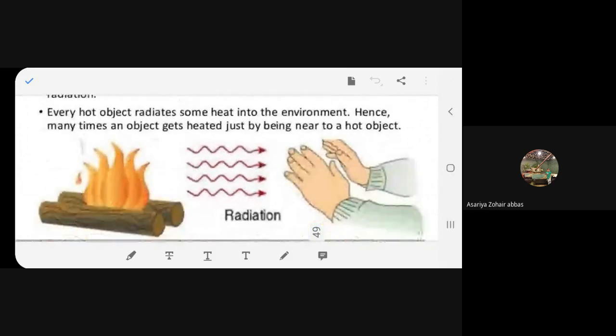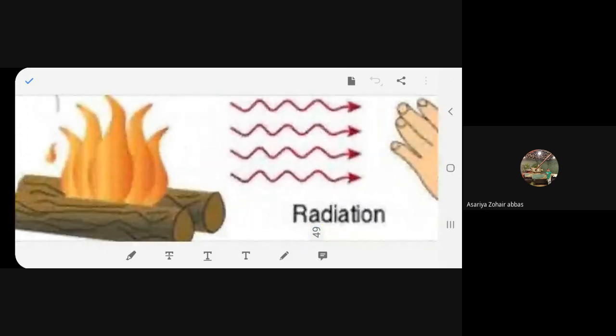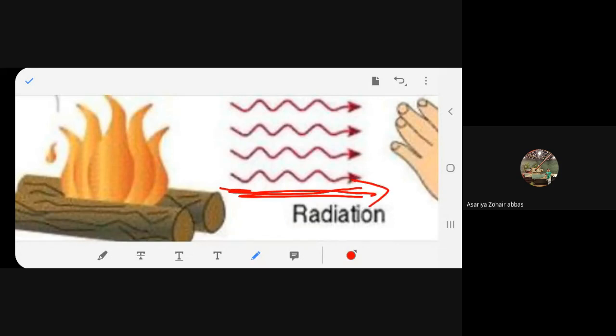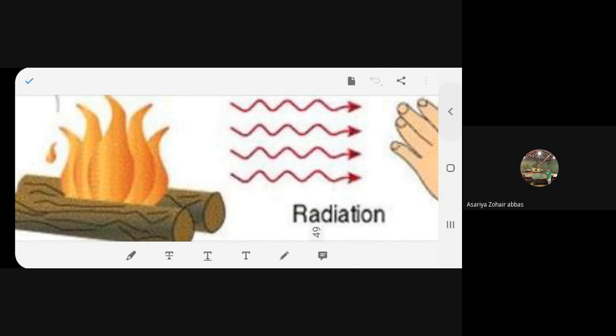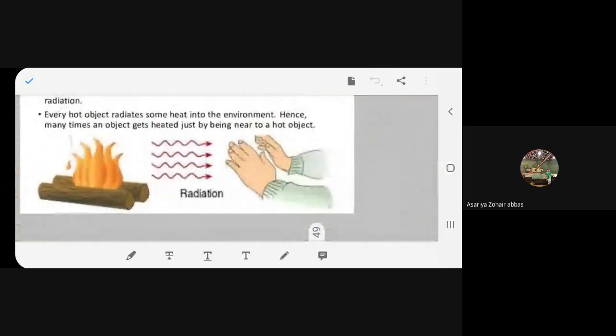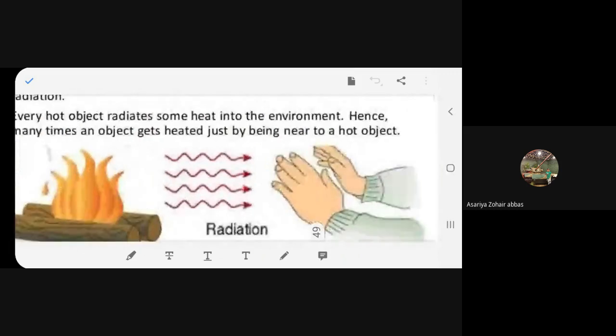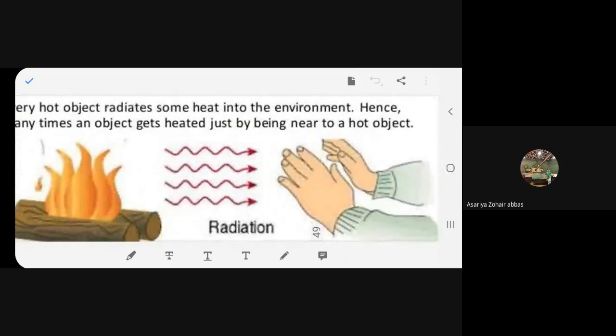For example, you are burning a log of wood, right? And this energy radiates in the form of waves and you can get the heat. See this? You can get the heat. This is also a part of radiation. Any problem?